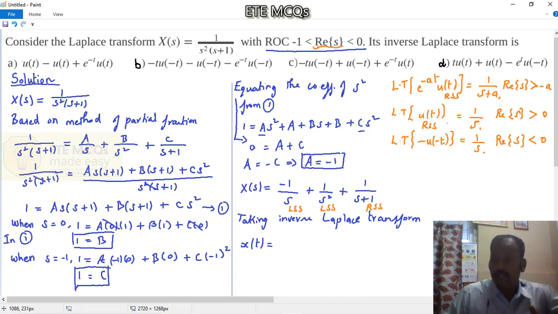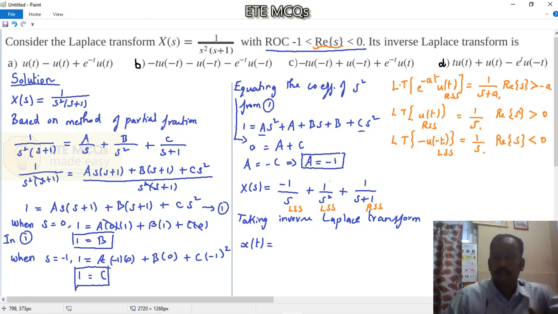They can be differentiated only based on the region of convergence. So this 1 by s corresponds to minus u of minus t, because this is a left-sided sequence. This goes very well with the very first term.